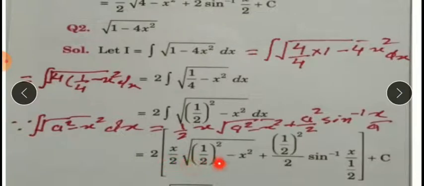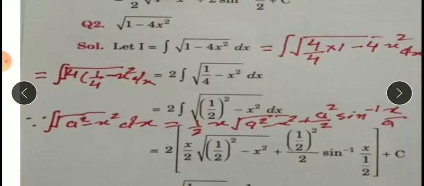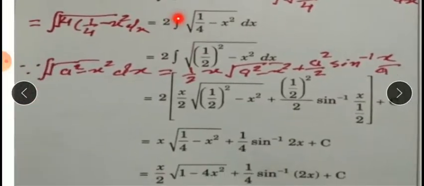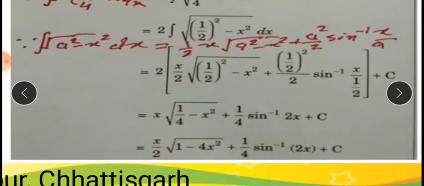Here a is 1 upon 2, so a square is 1 upon 2 whole square, sin inverse x upon 1 upon 2, plus c, the constant of integration.